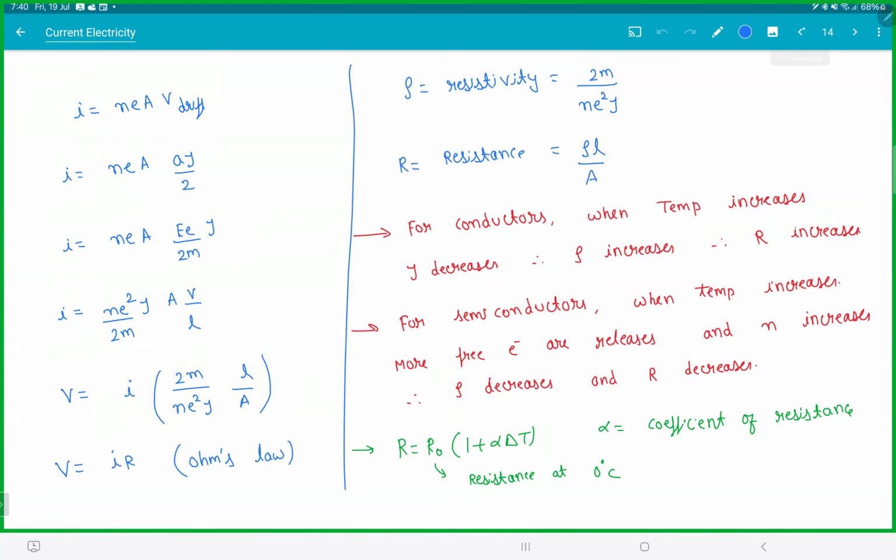I wanted to add something here. See, alpha is positive for conductors, which means resistance will increase. Alpha is negative for semiconductors.